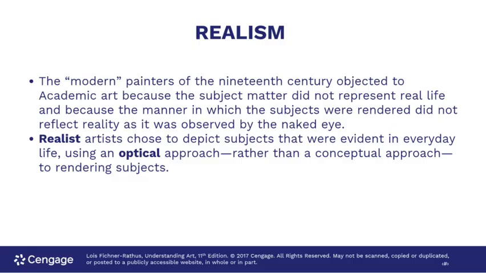Realist artists chose to depict subjects that were evident in everyday life using an optical approach rather than a conceptual approach to rendering subjects. These artists were really interested in painting things the way they really looked from direct observation. Maybe people with wrinkles, people depicted as they truly were rather than idealizing everything.